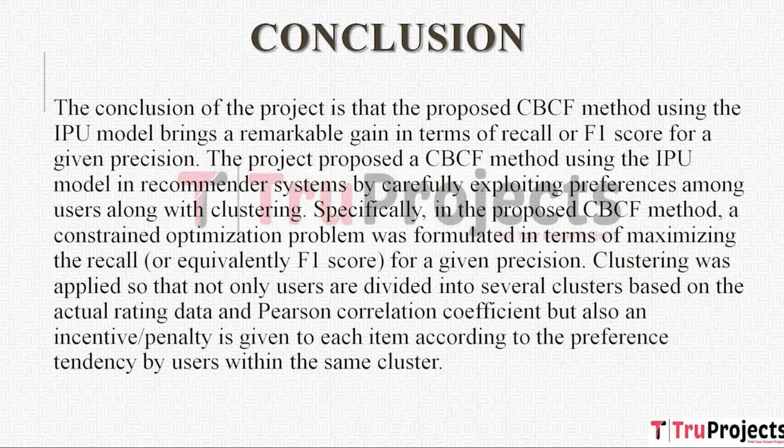The application of clustering resulted in not only the division of users into several groups based on the actual rating data and the Pearson correlation coefficient, but also the awarding of incentives or penalties to each item in accordance with the tendency of preferences among users within the same cluster.